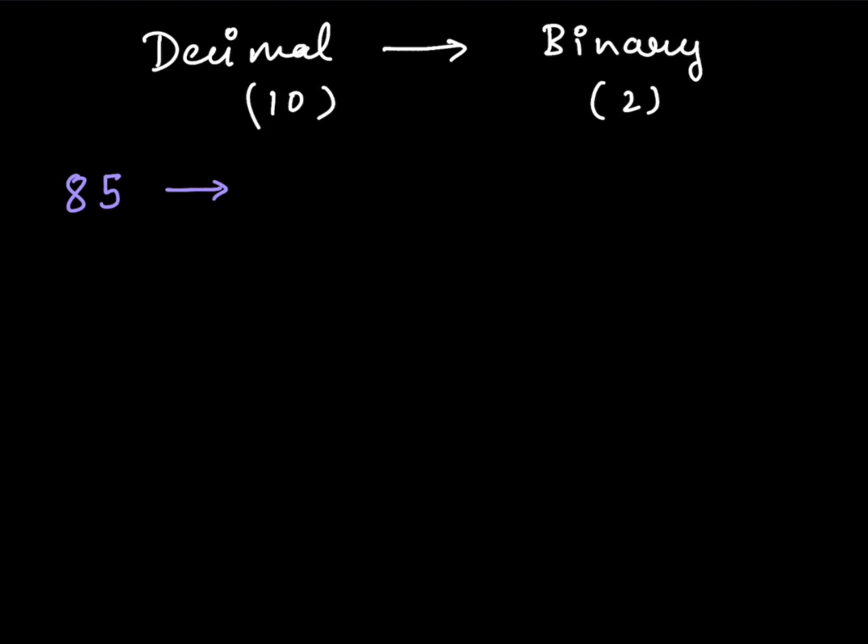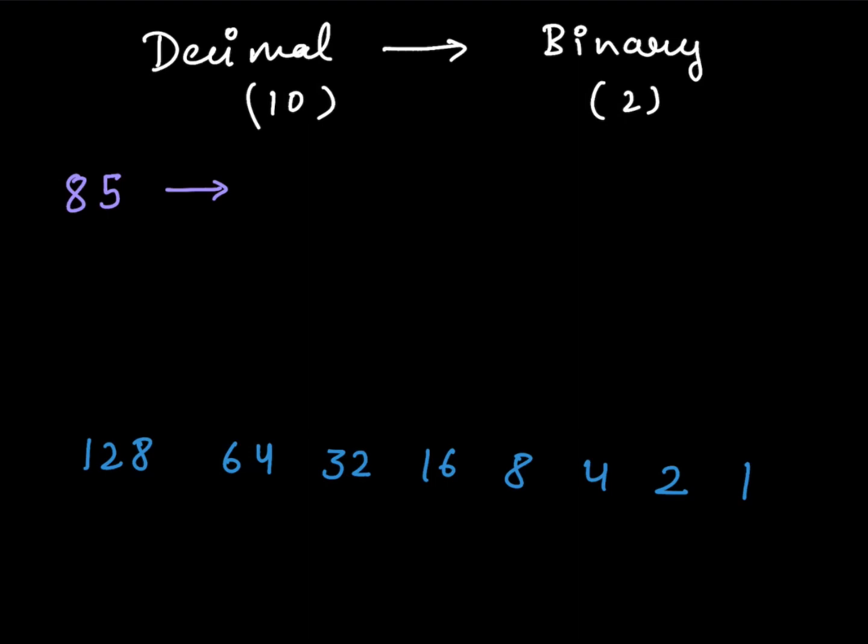To do that, first we have to be familiar with the powers of 2. So 2 to the power 0 is 1, 2 to the power 1 is 2, 2 to the power 2 is 4, 2 to the third power is 8, 2 to the fourth power is 16, 2 to the fifth power is 32, 2 to the sixth power is 64, and 2 to the seventh power is 128.